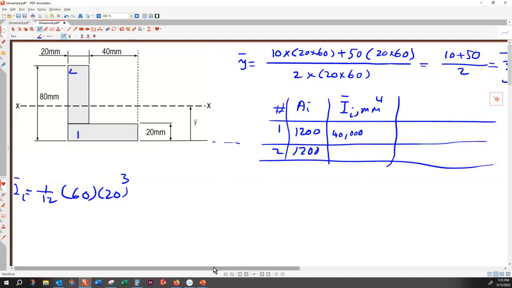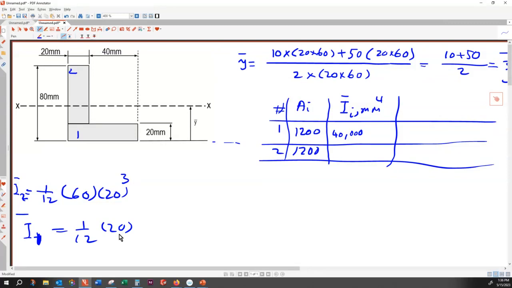For the second shape, from the table, I get 1 over 12 BH cubed. B is 20, and H is, again, sorry, that was for the second shape.